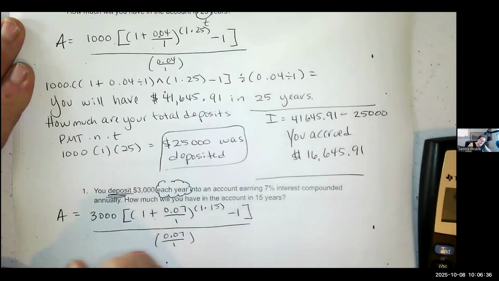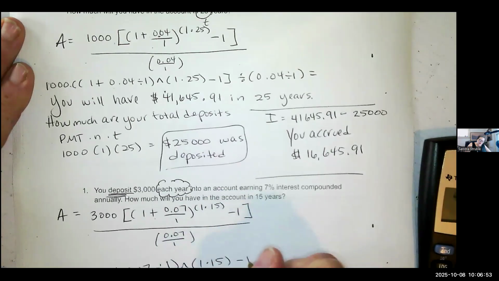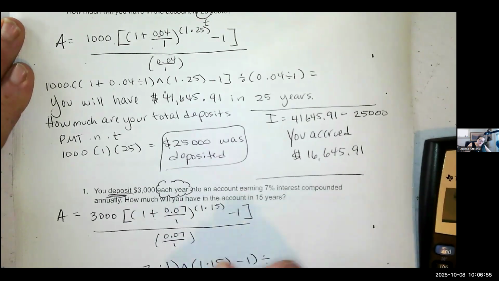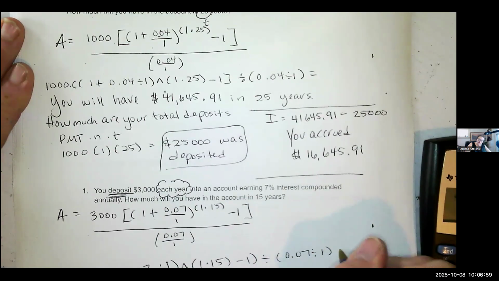Putting in your calculator. Open, 1 plus. So 3,000, open, 1 plus 0.07 divided by 1, close, caret, open 1 times 15, close minus 1, close divided by open 0.07 divided by 1, close equal.